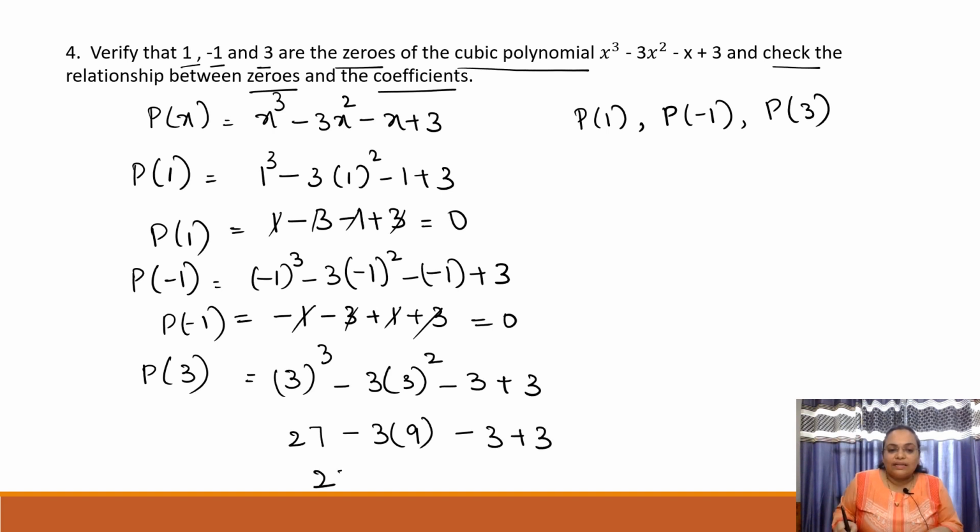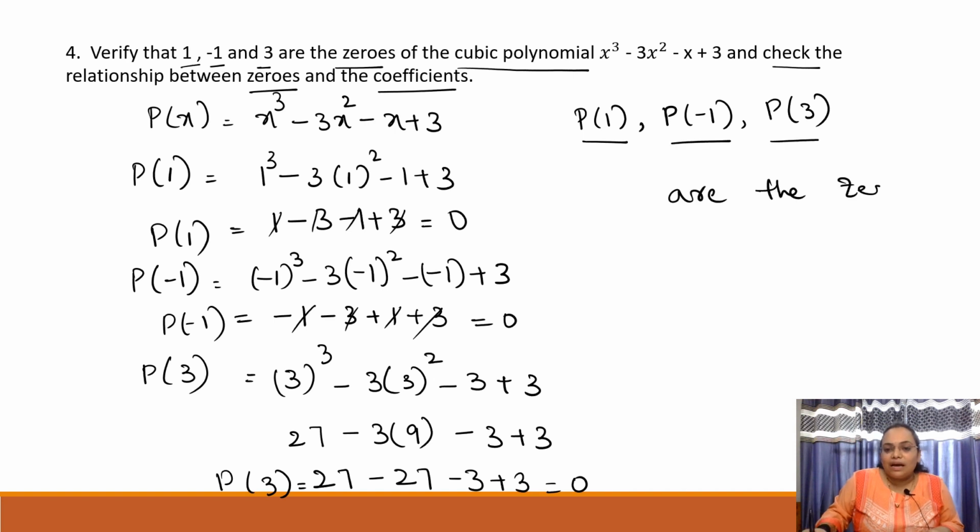Yes, 27 minus 27 minus 3 plus 3, even this is 0. So P of 3 is also 0. So we can say that 1, minus 1 and 3 are the zeros of the cubic polynomial.